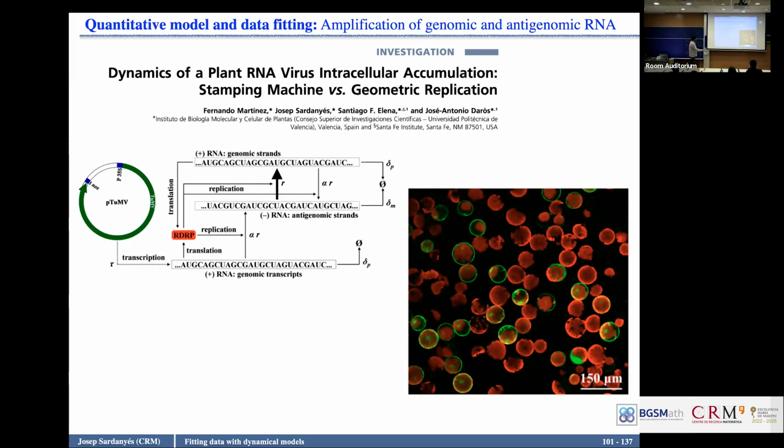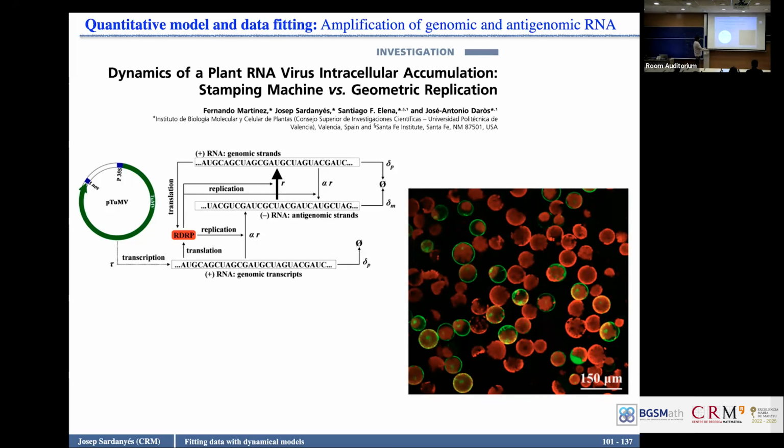This is what you see. So here, what they also did is in the genome of the virus, they introduced a reporter protein. A reporter gene is a gene that produces a protein that is fluorescent, and then you can see it in the microscope.